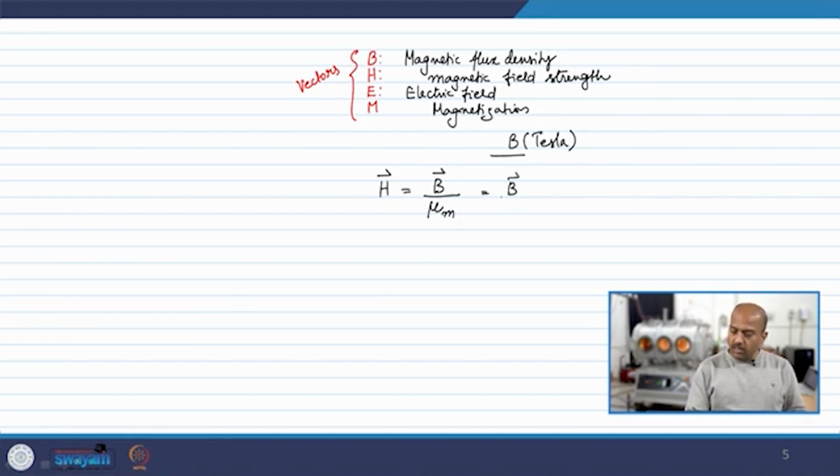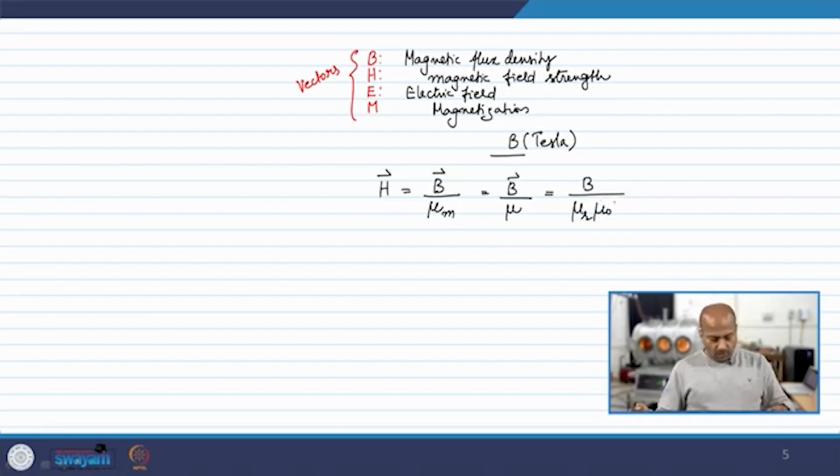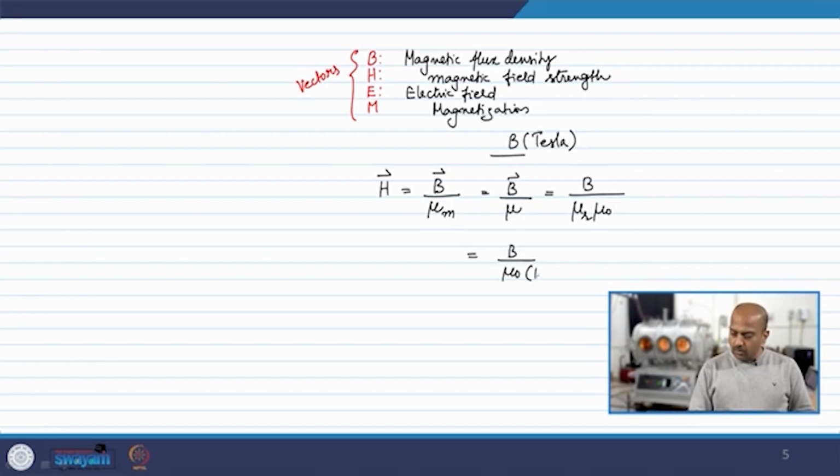So, generally we write it as B by mu, or B by mu r times mu naught, which is equal to B by mu naught times 1 plus chi. What is chi? Chi is the susceptibility of the medium, right.